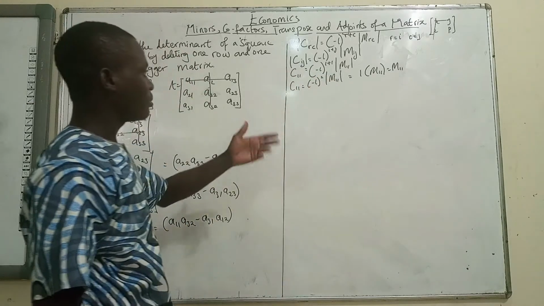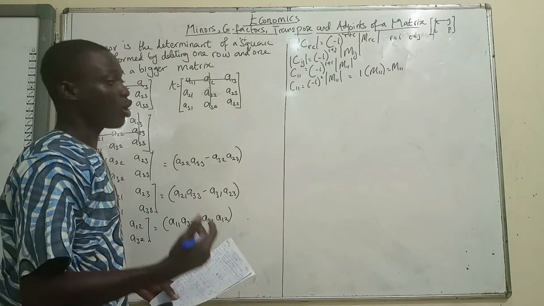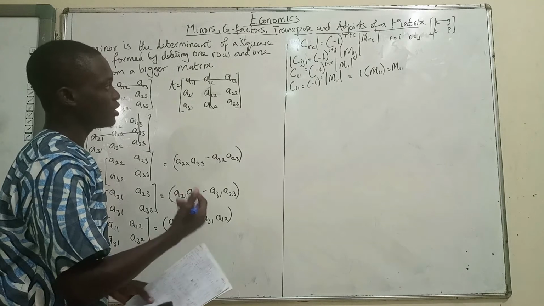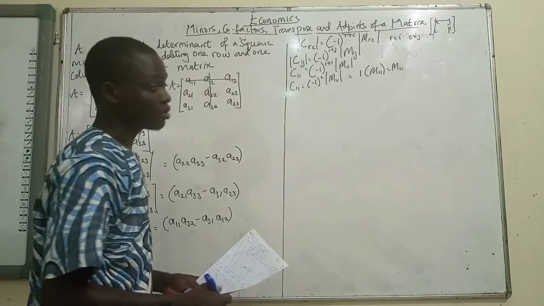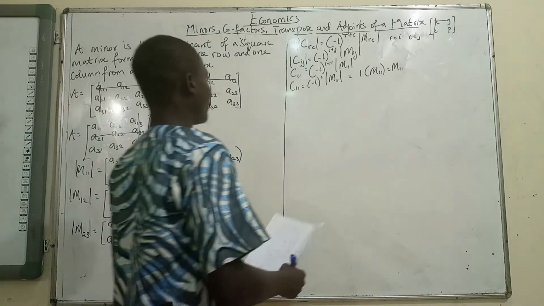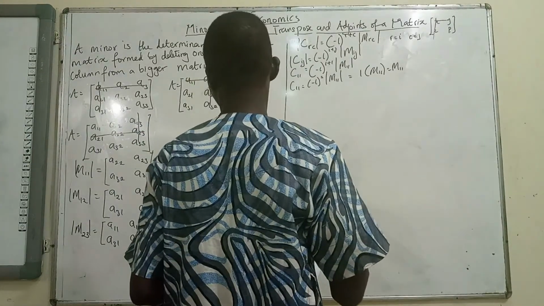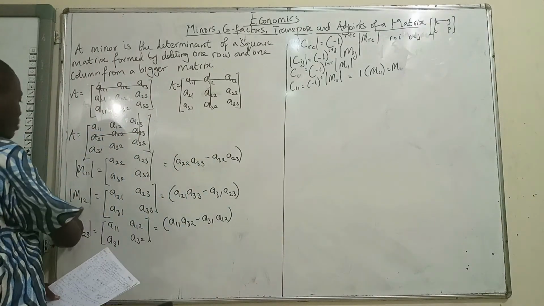By extension, whenever I plus J is odd, we realize that the sign of the cofactor and the corresponding minor is going to be different. For example, I've already solved C11, so it's not a big deal. Here we did M12.